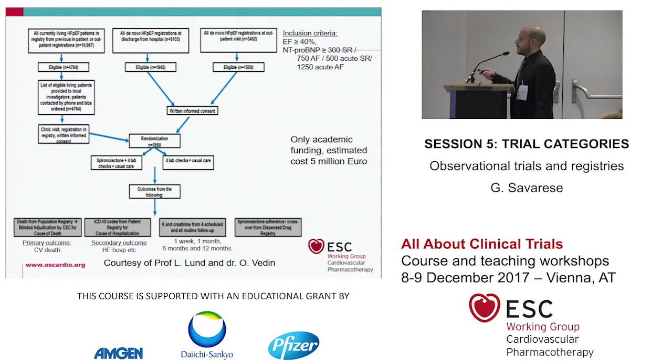And in the follow-up, we just have 4 visits, at 1 week, 1 month, 6 months, and 12 months, in which we perform, for example, potassium and creatinine measurements, this kind of lab measurements.